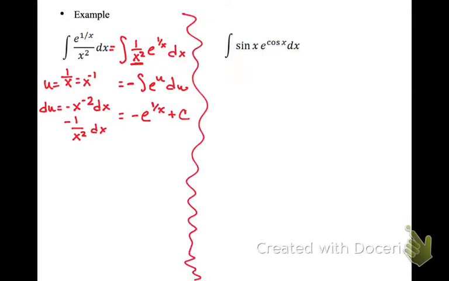So then what happened to negative 1 over x squared? Remember, this is my du, and this is my u.